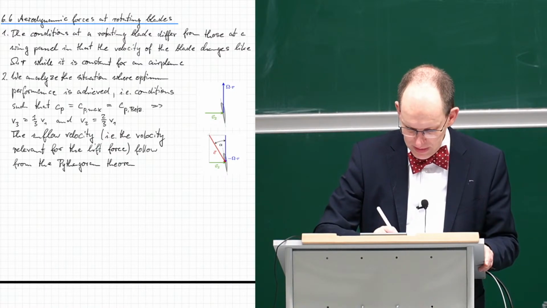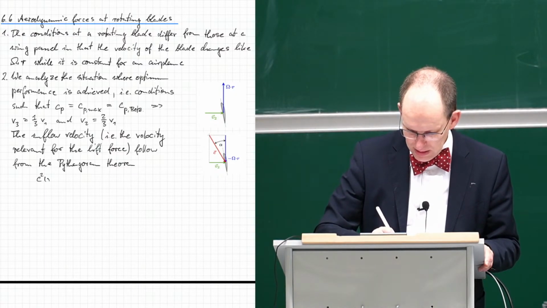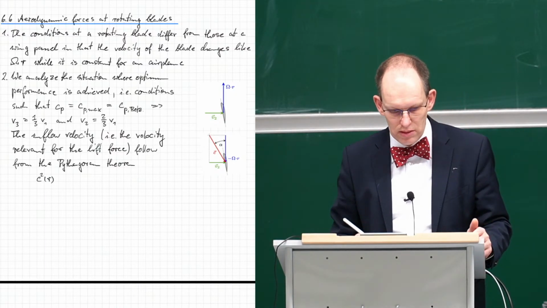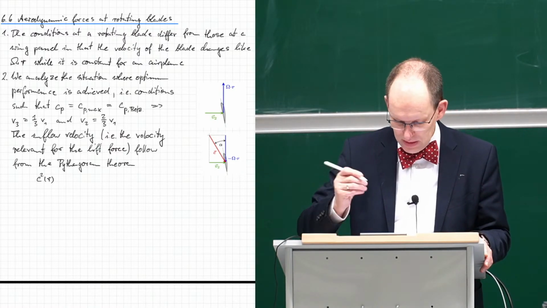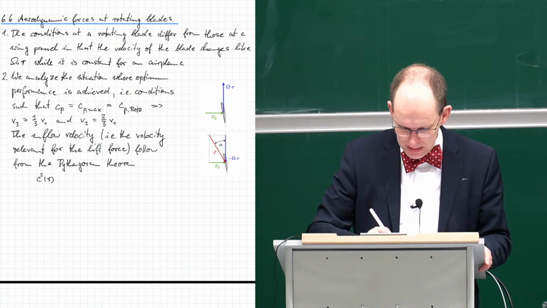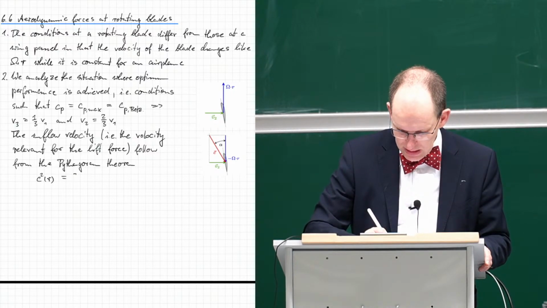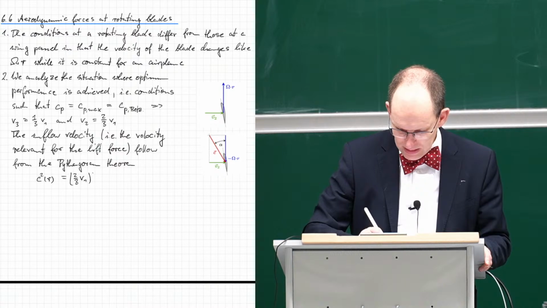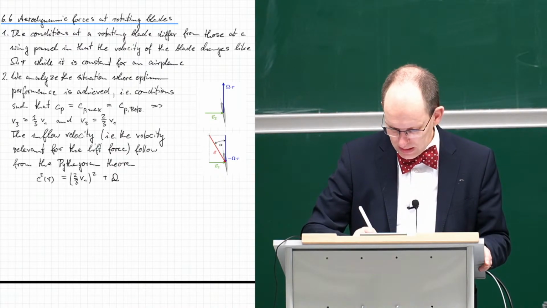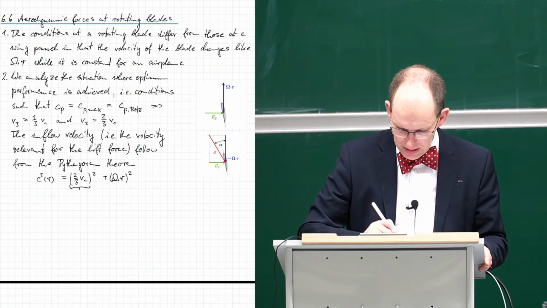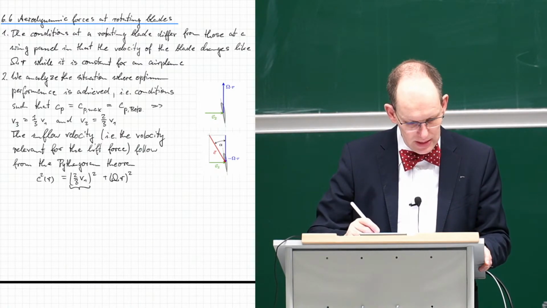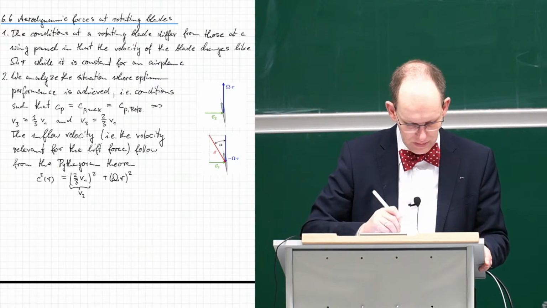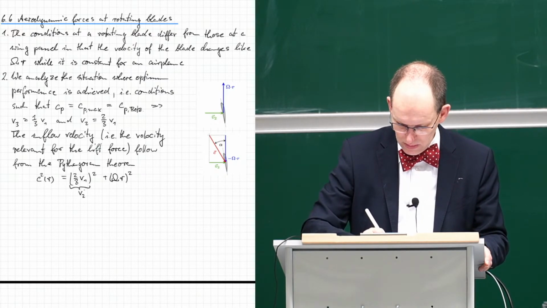So we have that c squared, and it depends, of course, on r, because the velocity of the blade element depends on that, is 2/3 of v1 squared plus omega times r squared. And just to make it clear, this here is equal to v2, of course. Well, v2 squared to be precise.